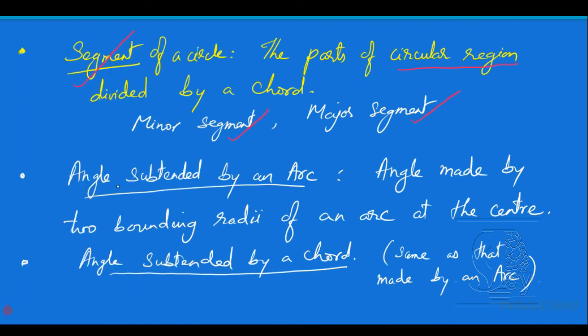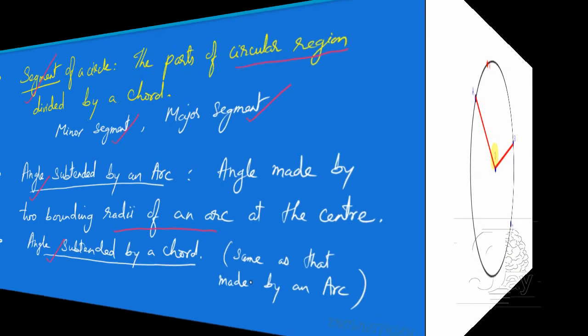The next one is just a concept about angles. So angle subtended by an arc and angle subtended by a chord. Angle made by the two bounding radii of an arc at the center is known as the angle subtended by an arc, and the angle subtended by the chord is same as the angle subtended by the arc made by that chord.